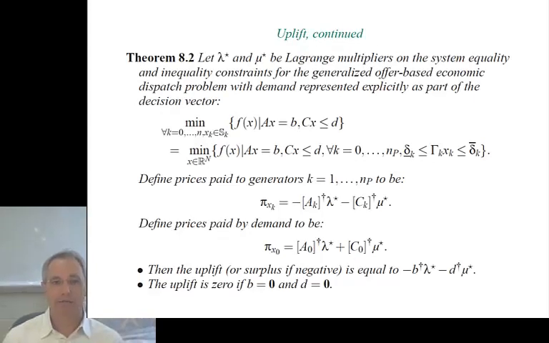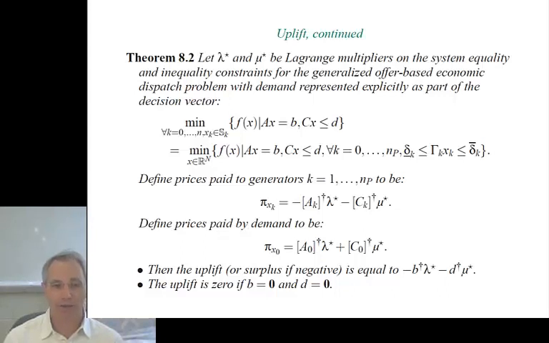Let's make that formal. Let lambda star and mu star be the Lagrange multipliers on the system equality and inequality constraints for the generalized offer-based economic dispatch problem when we have demand represented explicitly as part of the decision vector. Let's define prices paid to the generators 1 through NP to be pi xk is equal to minus ak transpose lambda star minus ck transpose mu star.